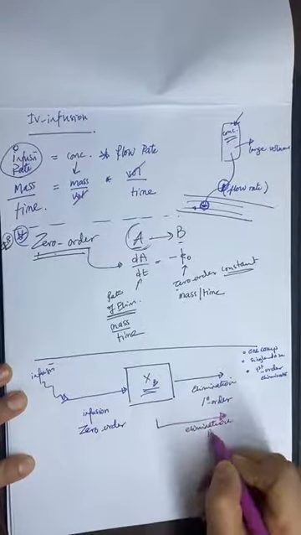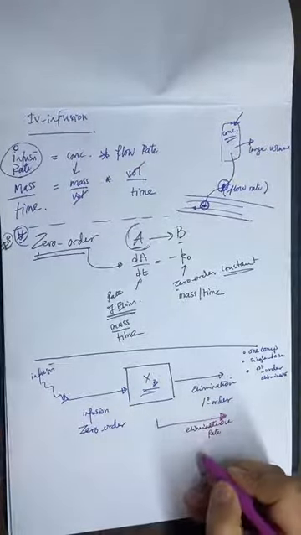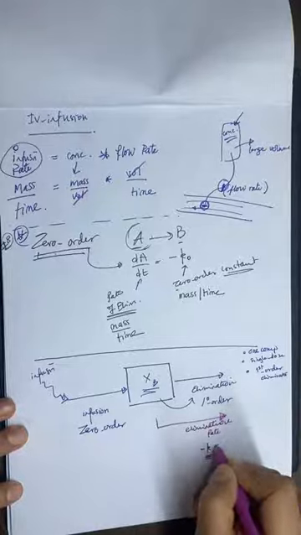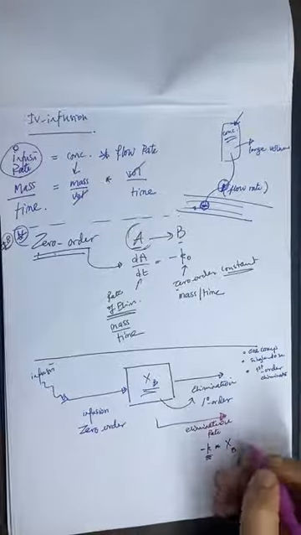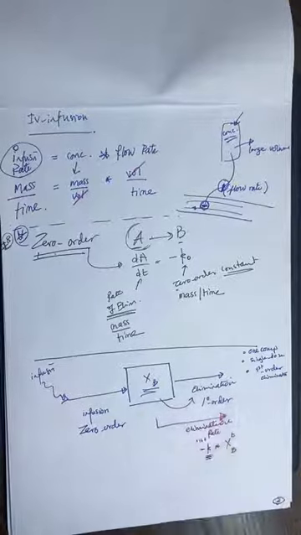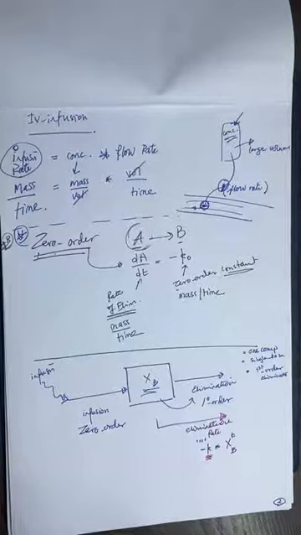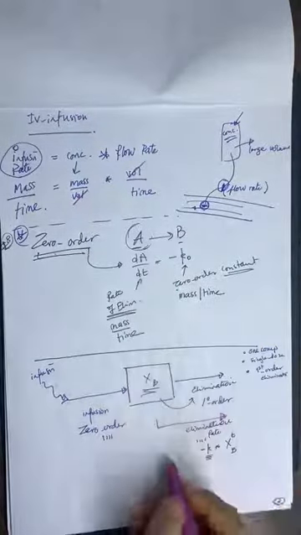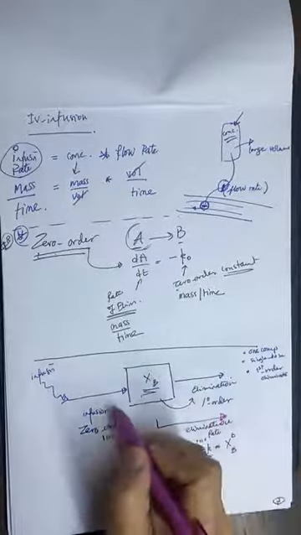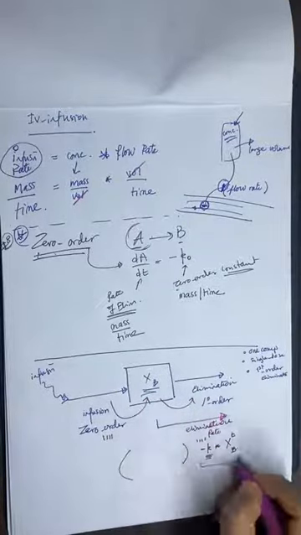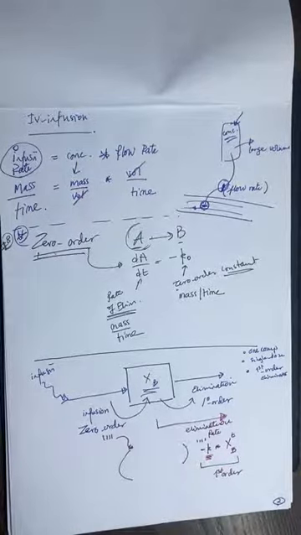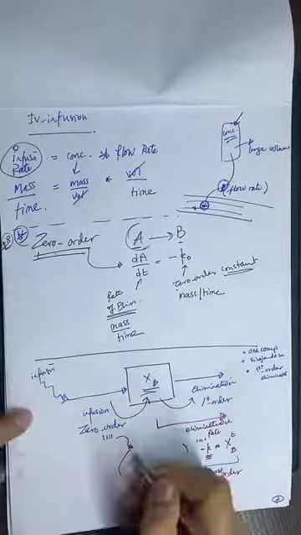If I want to talk about the elimination rate only, it will be, as we know already, decreasing, right? Minus k, first order kinetic, multiplied by the amount in the body at a certain time. So this will be equal to the rate of elimination. If I want to talk about the rate of infusion, this is zero order. It's increasing, but it will be zero order, while this is first order.